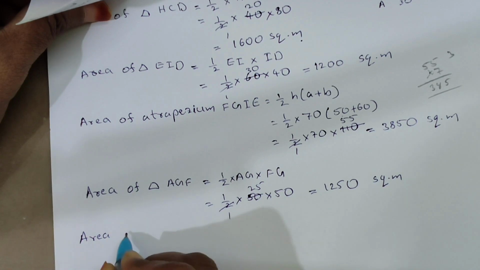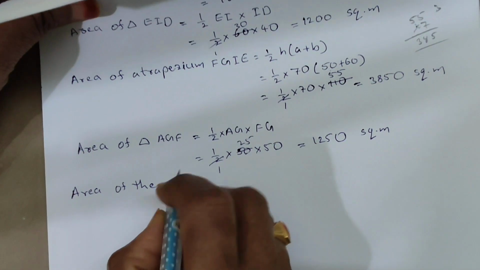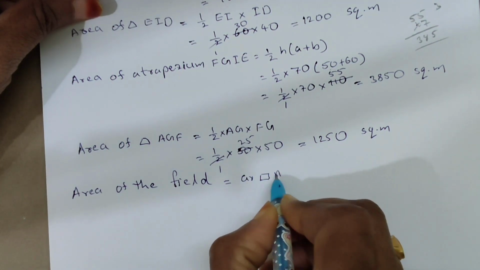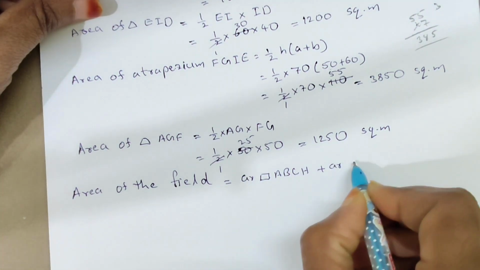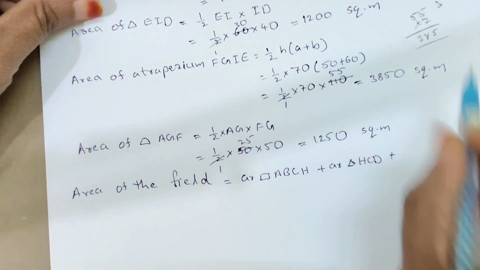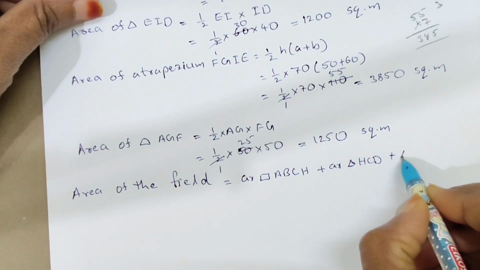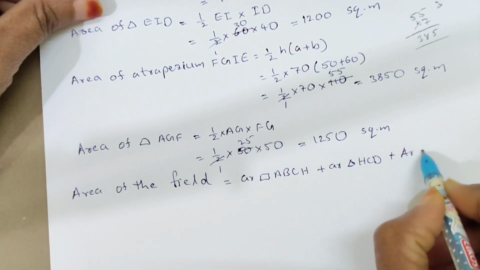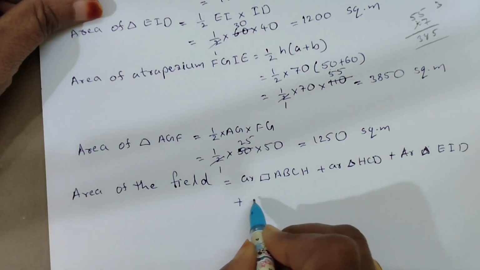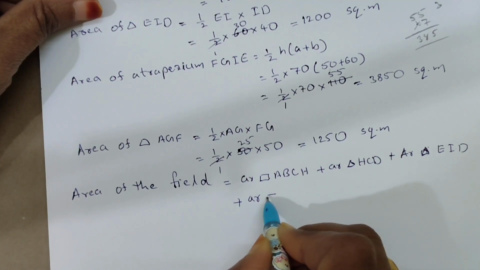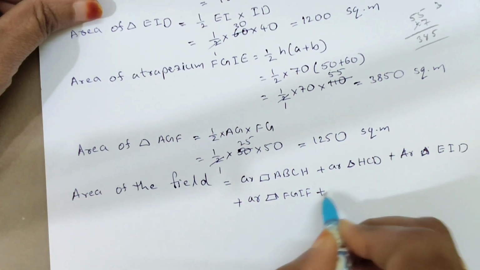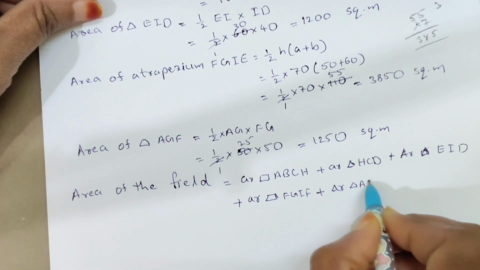So area of the field is equal to area of trapezium ABCH plus area of triangle HCD plus area of triangle EID plus area of trapezium FGIE plus area of triangle AGF.